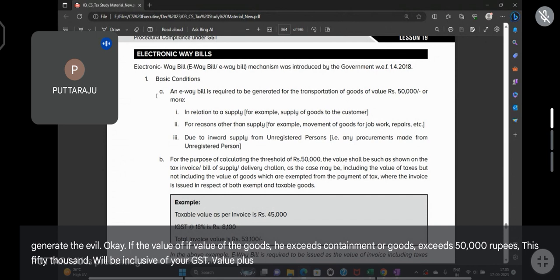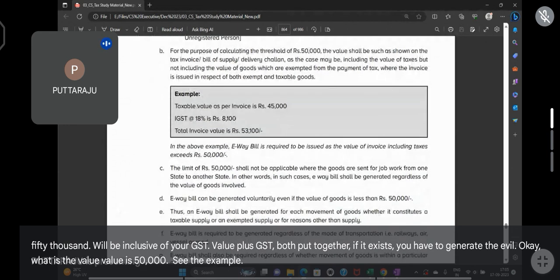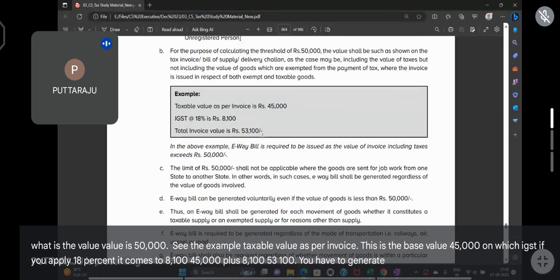Value plus GST both put together, if it exceeds, you have to generate the e-way bill. Okay, what is the value? Value is 50,000. See the example. Taxable value as per invoice, this is the base value 45,000, on which IGST if you apply 18%, it comes to 8,100. 45,000 plus 8,100, 53,100. You have to generate the e-way bill.